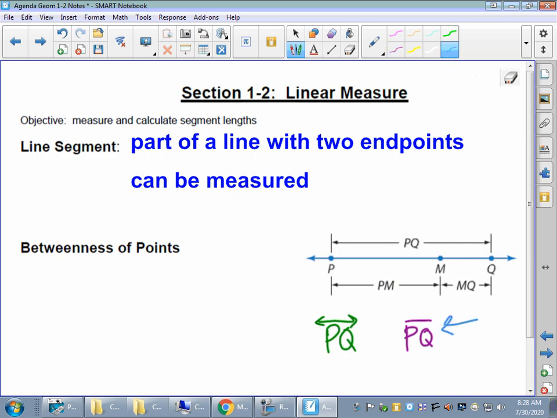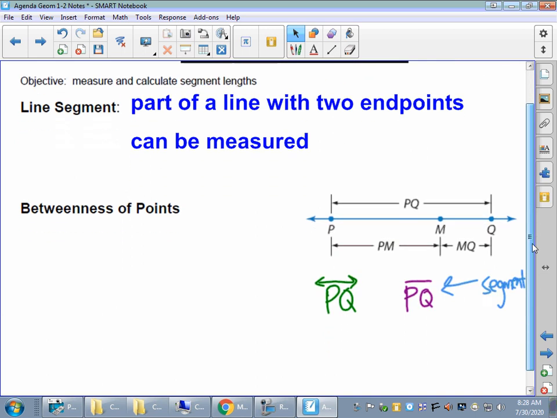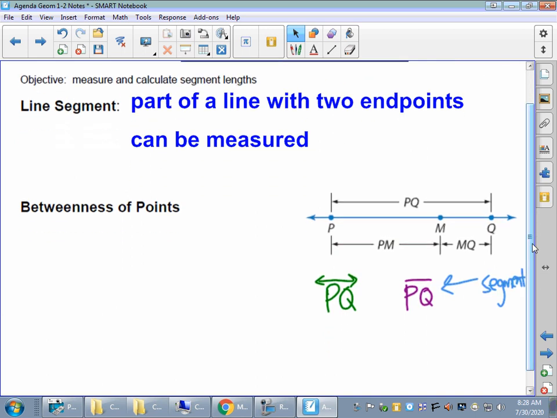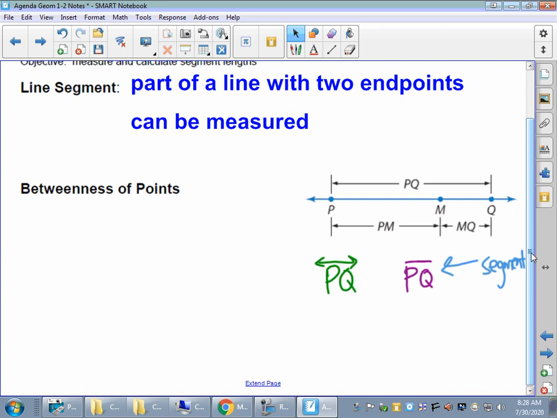It's the two endpoints, and it's got a segment above it instead of a line above it. So if we're talking about segment PQ, we can measure it. If we're talking about line PQ, we cannot.